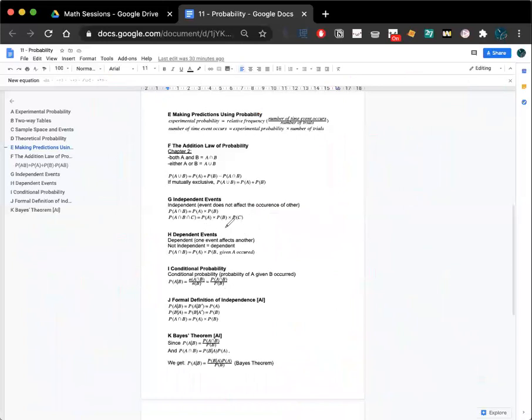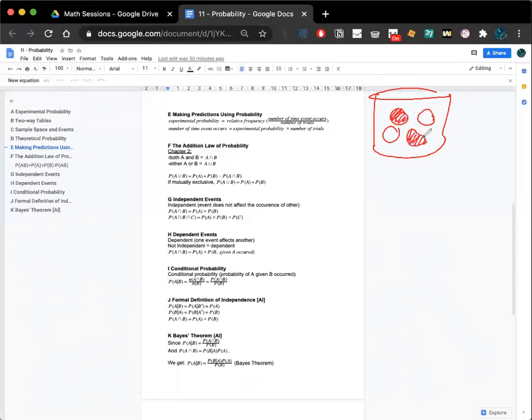But then it's a bit different for dependent events because the first event would affect the next event. For example, if you have the situation with the bags and the marbles.